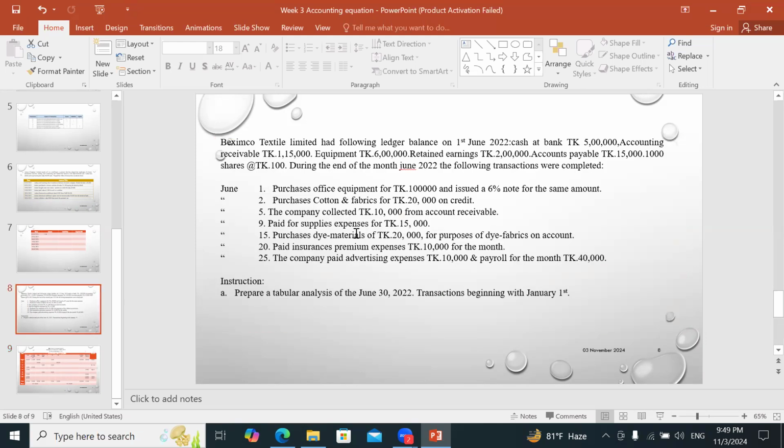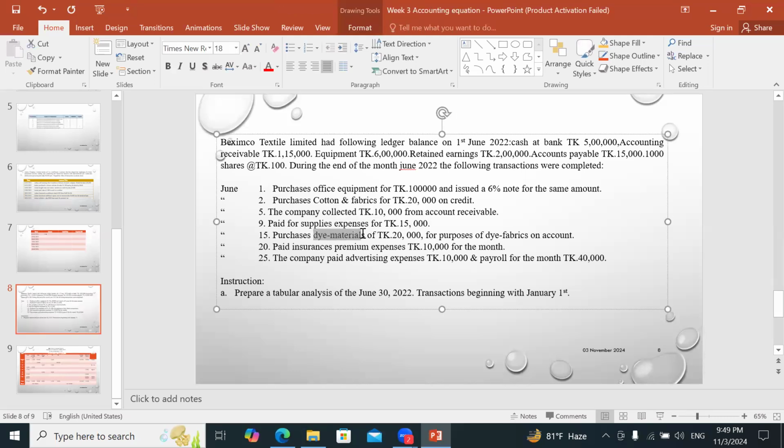Another one, transaction 15: purchase of dye materials. Is dye material an asset or expense? Dye materials are the materials you use to produce coloring for fabric, cotton or cloth. You just buy a raw material, so it is a kind of asset, not an expense.